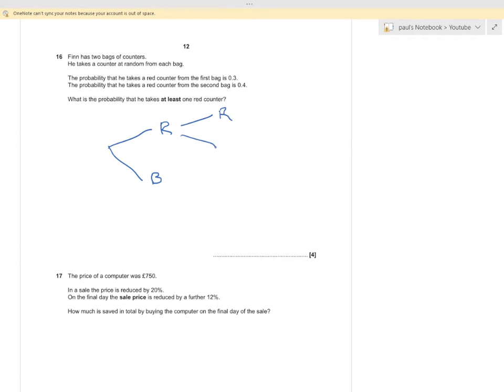I don't know whether the other ones are black. Yeah, red, black, red. Anything else? So the first bag is 0.3. The second bag is 0.4. So we might have a 0.4 down there. So that's a 0.7. That's a 0.6. Oh, this is much more involved than I thought. 0.6. So at least one red.